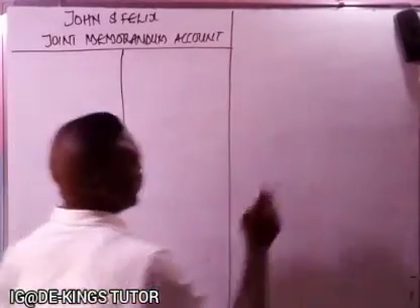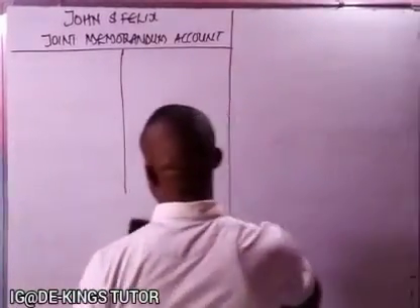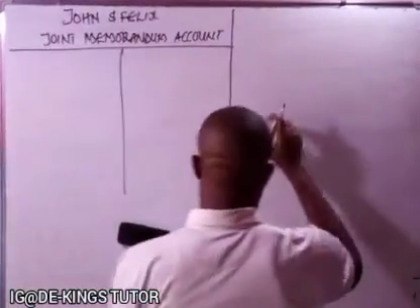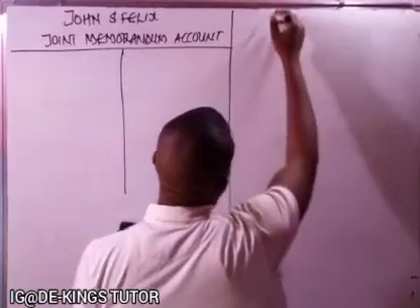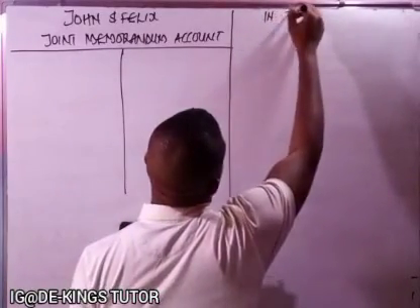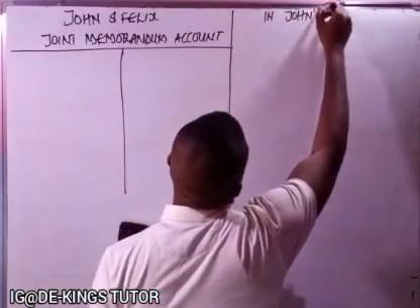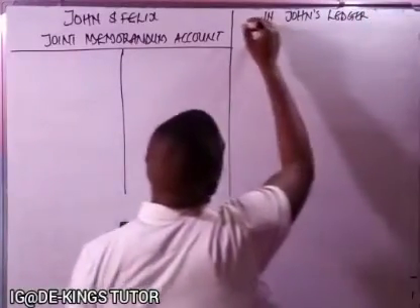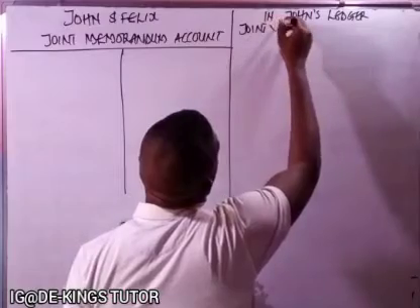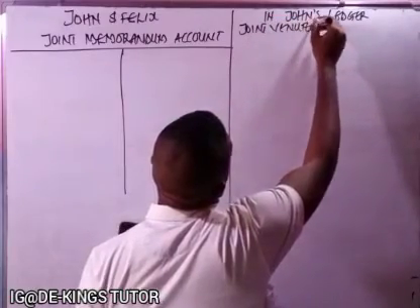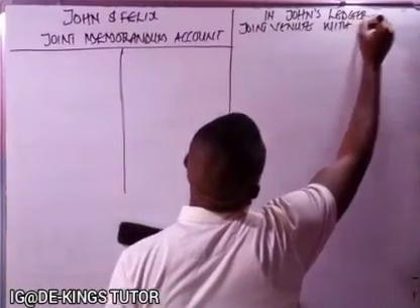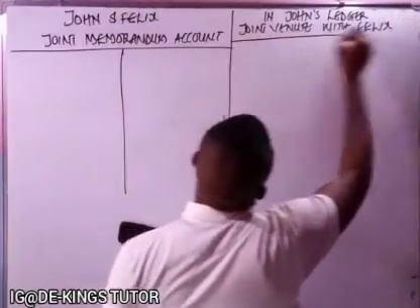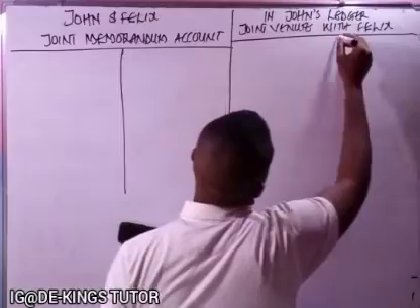Now also, we can have their individual ledgers. Now we'll be having also for John. So write in John's ledger, joint venture with Felix. That's how you write it for each of them.